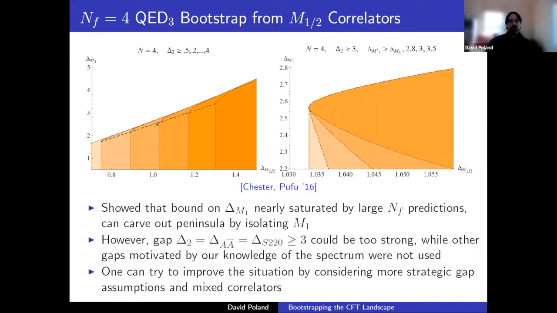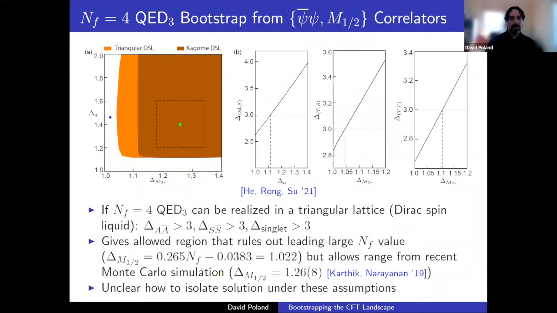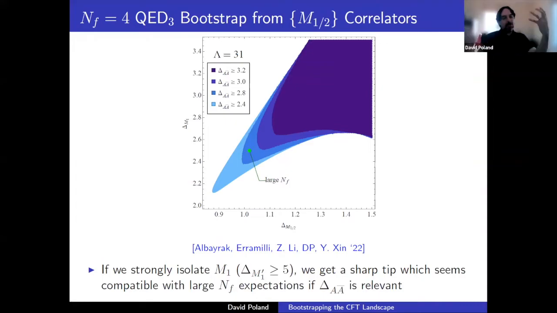I mean, there are certainly some rigorous bounds that you get without any assumptions. Like, there's an upper bound on delta M1, which is completely solid. How strong the bounds are depends on the input that you put in.